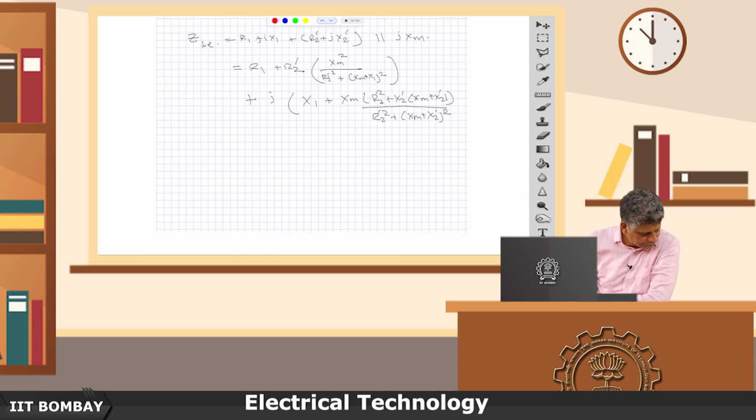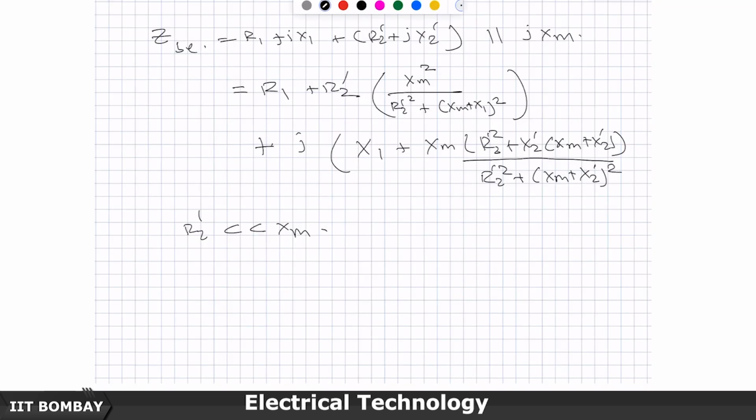Now, here of course, we have already made an assumption that all the reactances are at their rated values. We can also make one very interesting observation and assumption, that R2 dash will be much less than Xm.